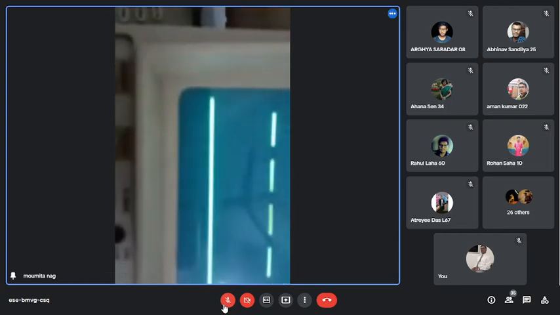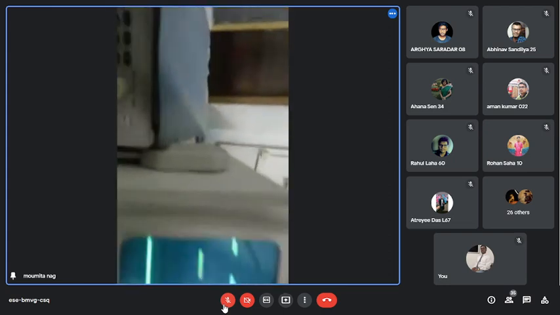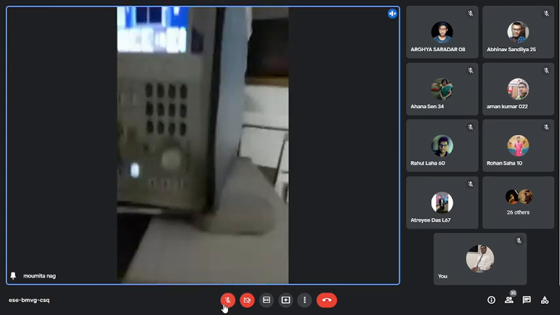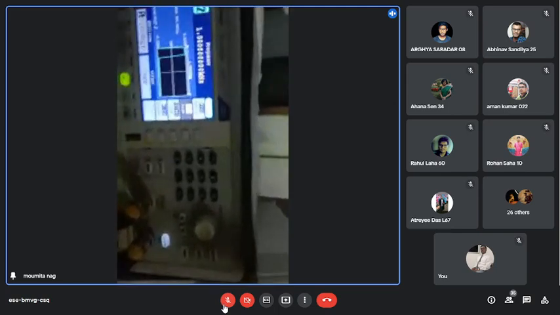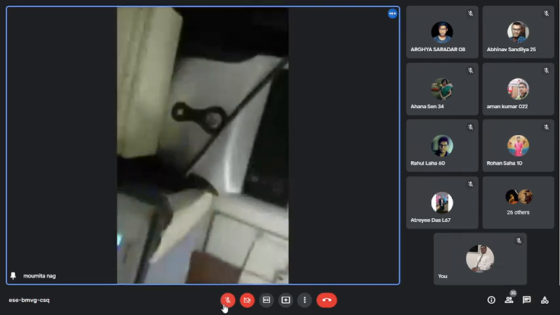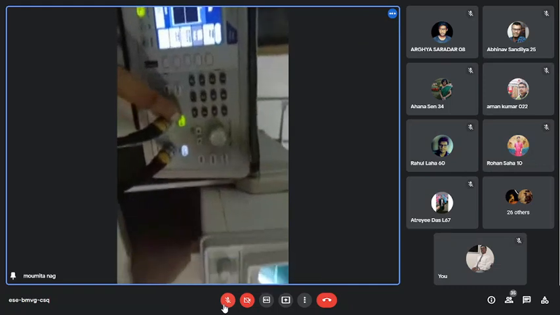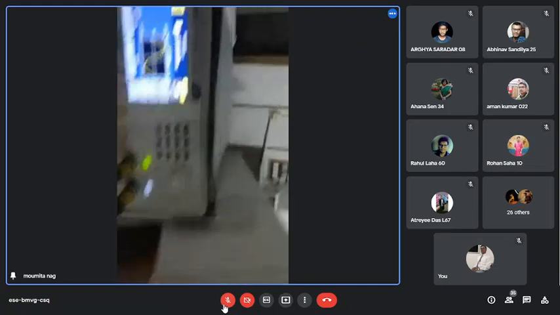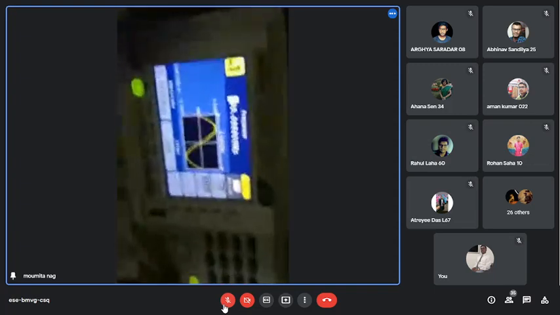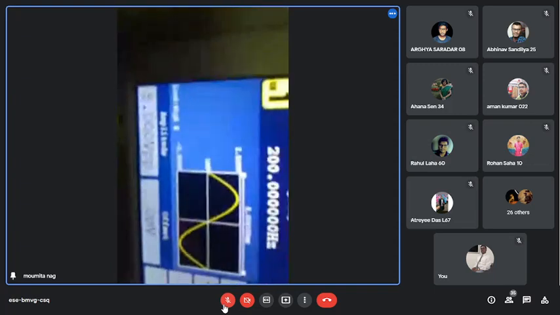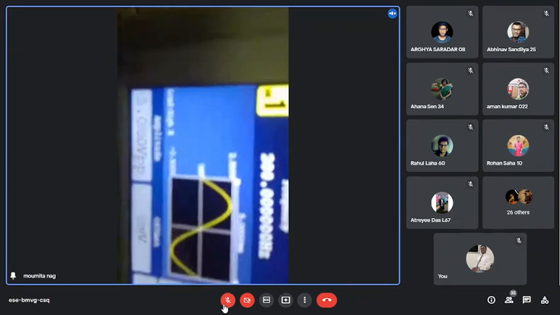So this is acting as a carrier signal. Then I will give the modulating signal at pin number 5, that is the control pin. Draw that modulating signal from the function generator.